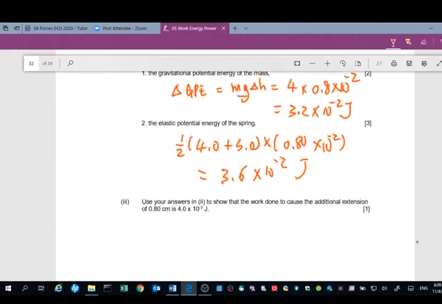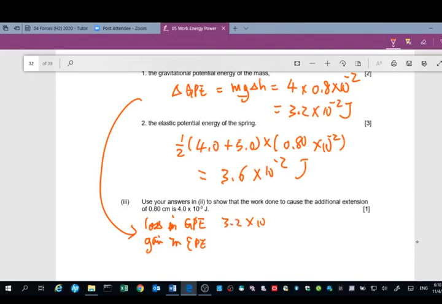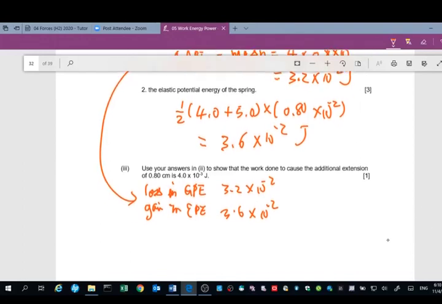Part 1 tells you the loss in gravitational potential energy as they drop by a certain height, and part 2 says there's a gain in elastic potential energy, and this is 3.6. They are not exactly the same magnitude. So you actually gain more elastic potential energy than the gravitational potential energy lost from the 4 Newton weight.